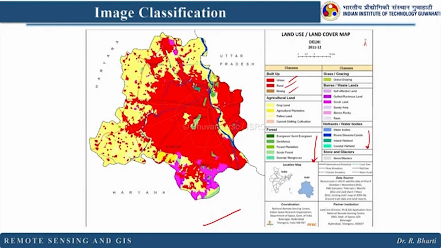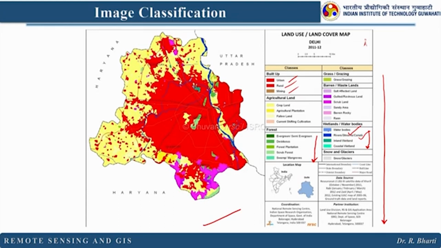So this is the standard classification scheme and the color scheme which people have adopted. Now based on this table, if you find this color, that means it represents water body. If you find this color, that represents a river, stream or canals.